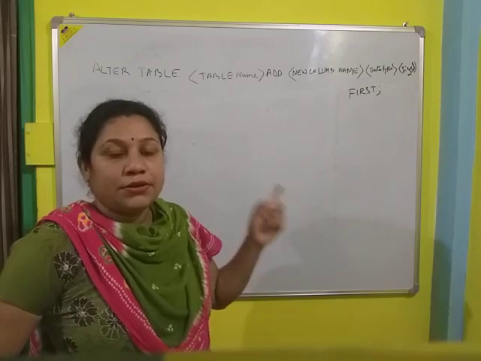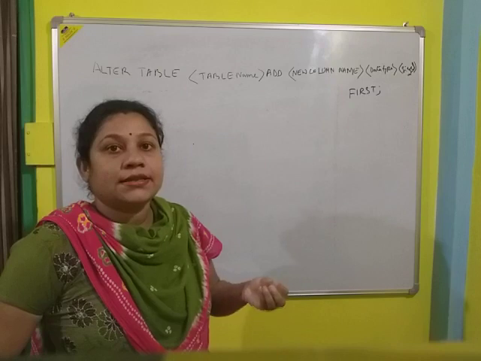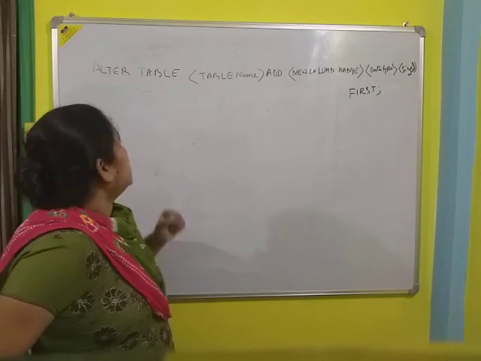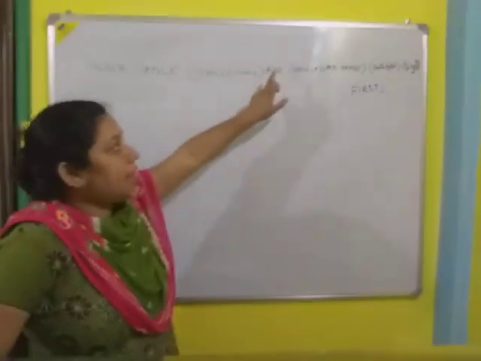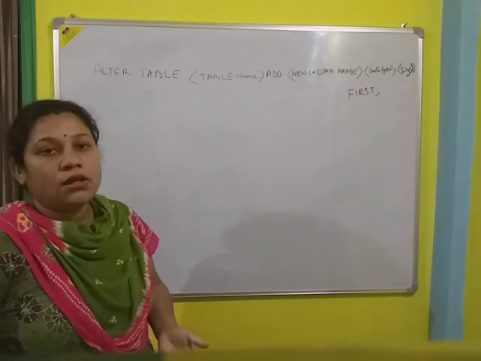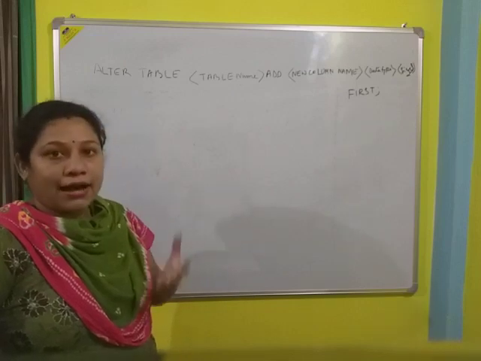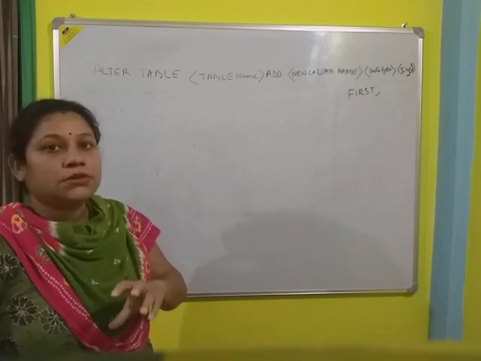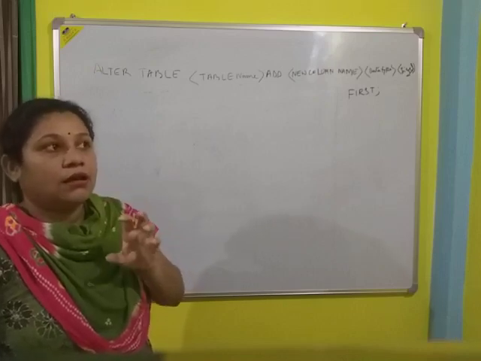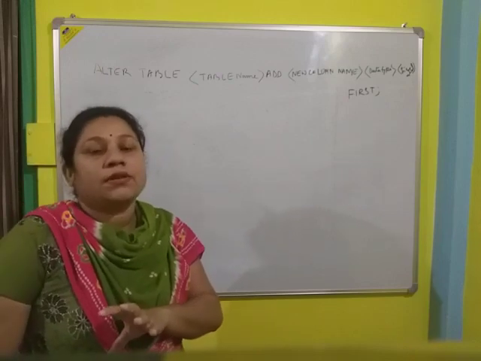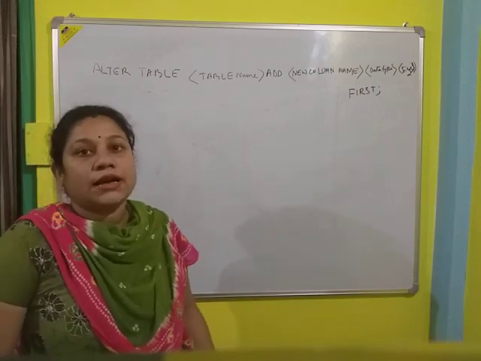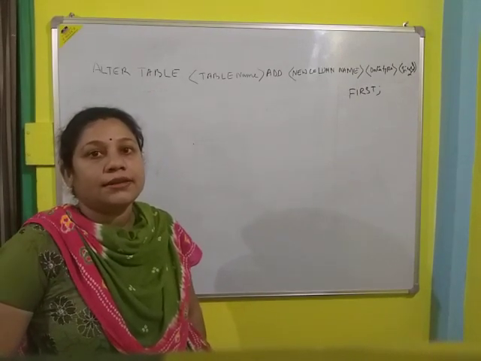That means the new column becomes the first column of the table. So by using the alter table command and the add command, you can enter a new column in the table, or using the after command you can put the column in a particular position of the table. And using the first command you can put the new column at the first position of the table.